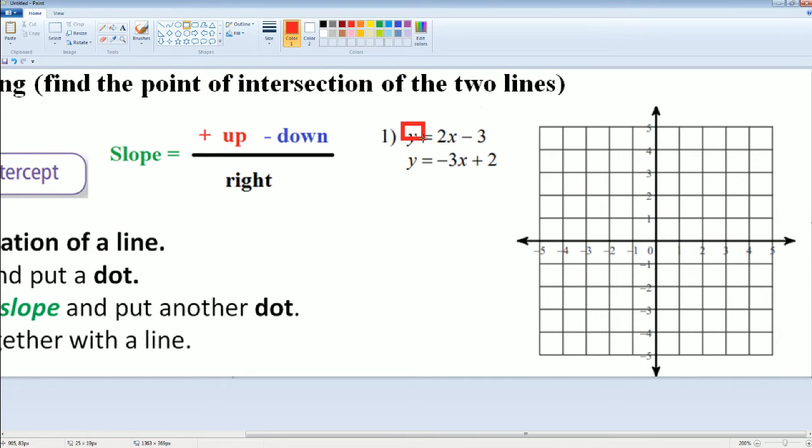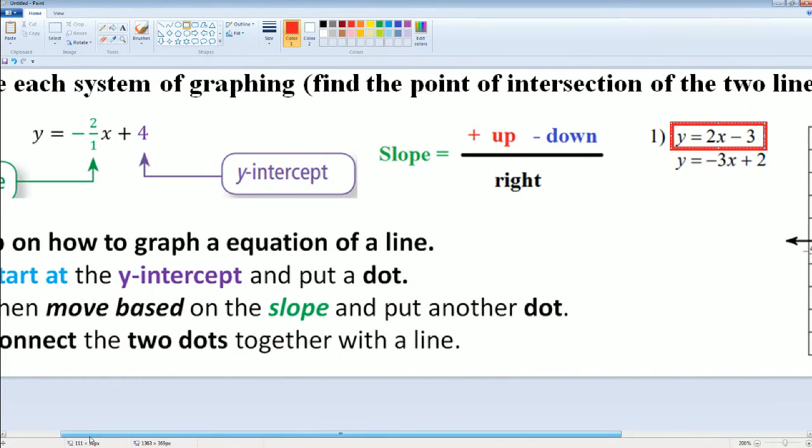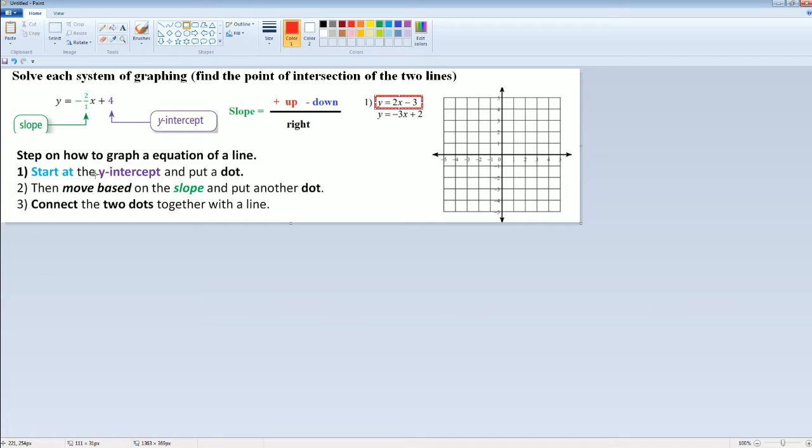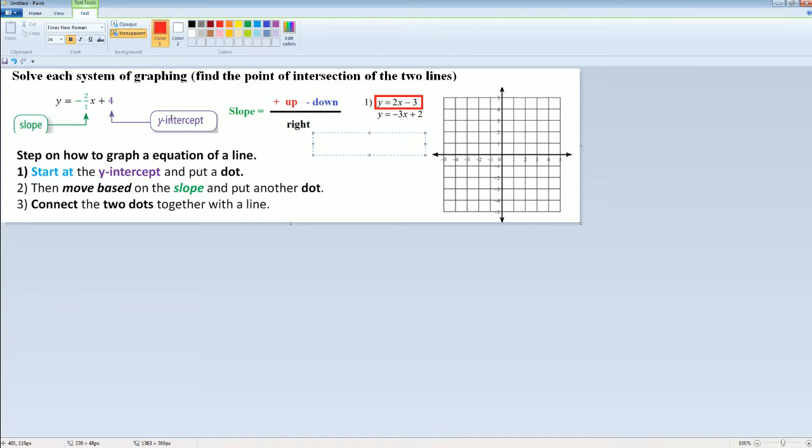This is my first one, and I'm going to be using red for this one. It says start at the y-intercept and put a dot. What is the y-intercept here? Looking at the arrow, the y-intercept for this one is -3. Then what is the slope?